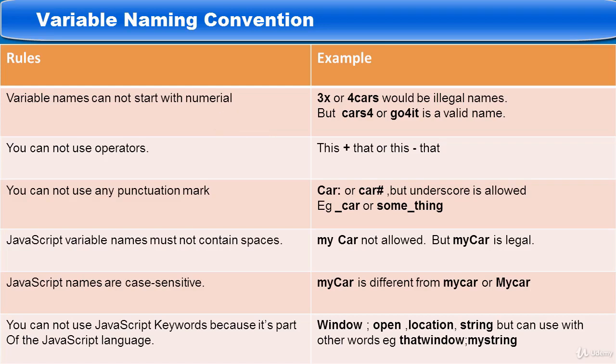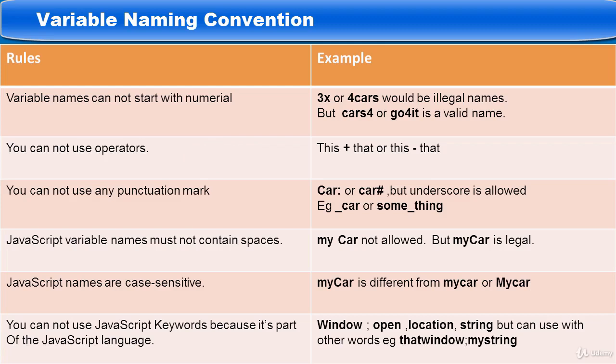You cannot use operators. Operators, I mean either mathematical or logical operators. You can't use that in variable names. For example, you can't call a variable this plus that, or this minus that, or this times that. You can't do that.